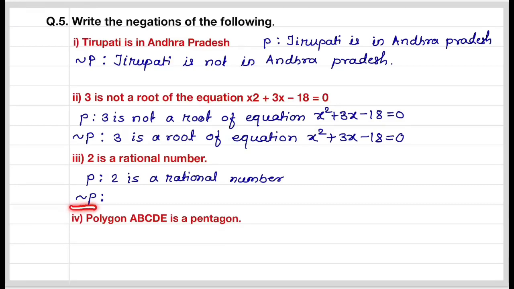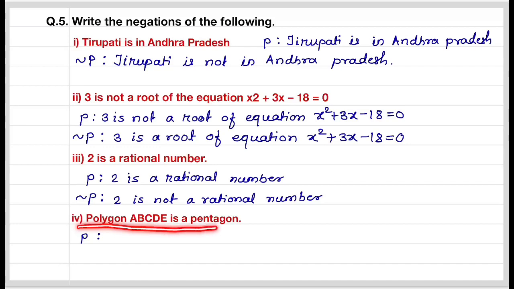This is the notation for negation. Negation will be 2 is not a rational number. And the last one, first of all write the statement.